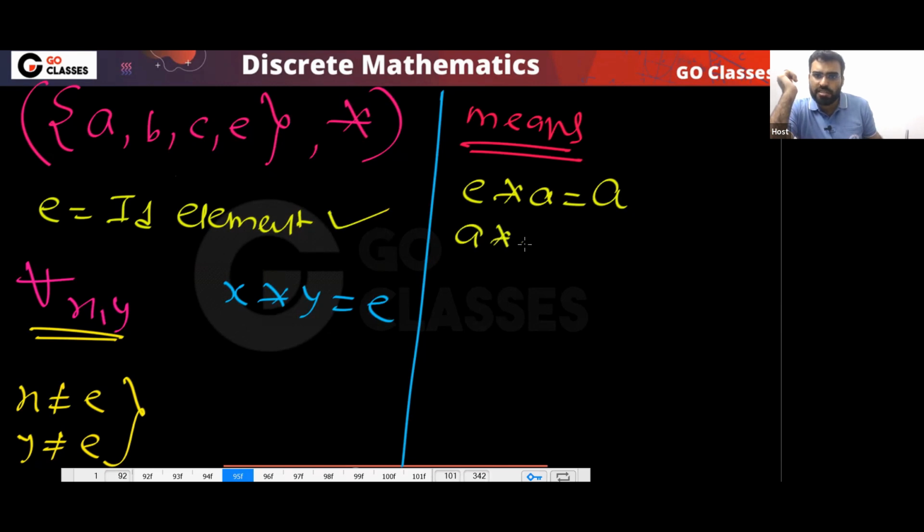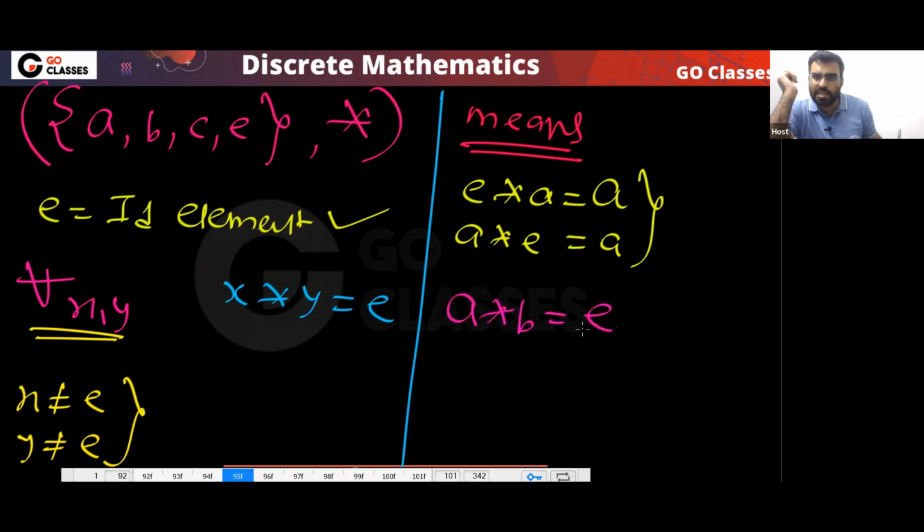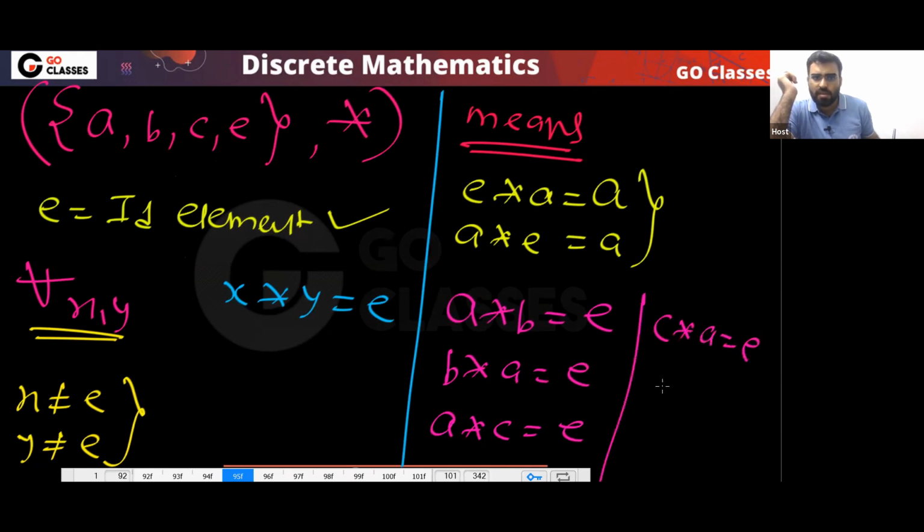And A star E also will be A. And for all x, y other than E, I am saying that A star B is E, B star A is also E, A star C is also E, C star A is also E, B star C is also E, and C star B is also E. So this structure, tell me, is it closed?